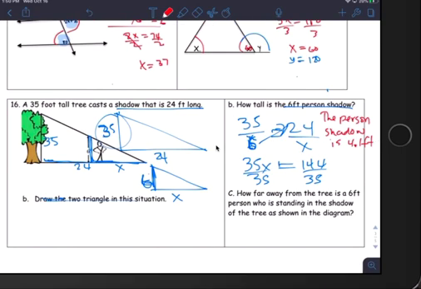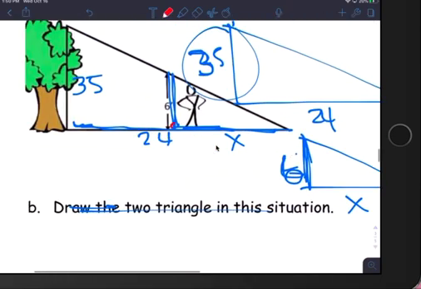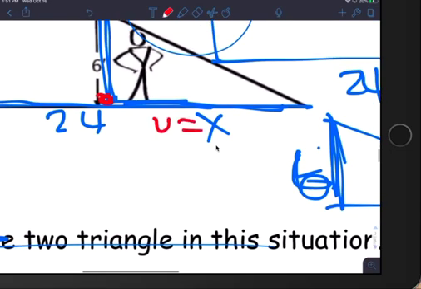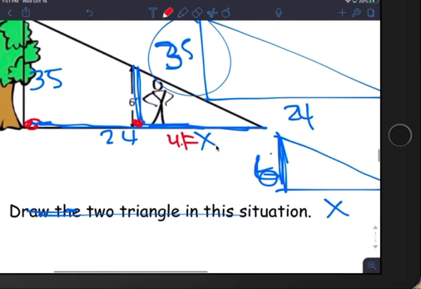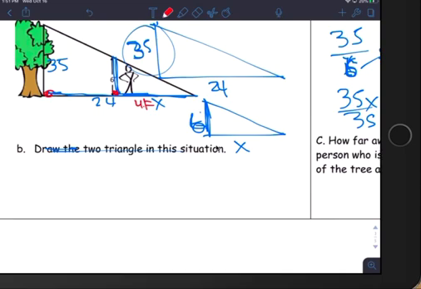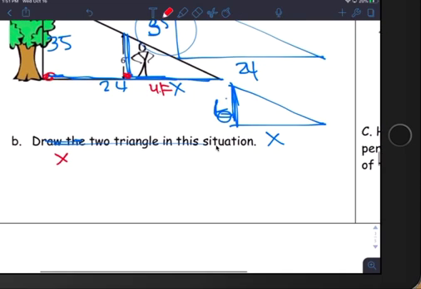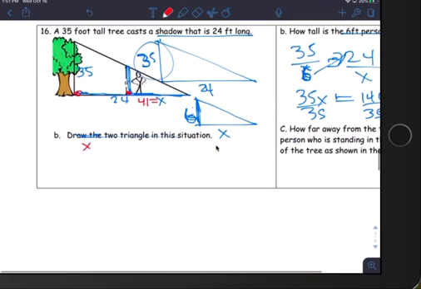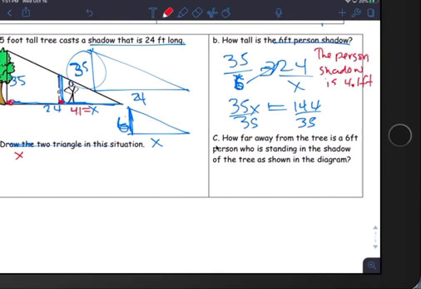How far away from the tree is the 6-foot person who is standing in the shadow of a tree as shown in the figure? How far are they? Right here to here. If this piece was 4.1, this is 4.1 here. Okay, so how far is he standing?